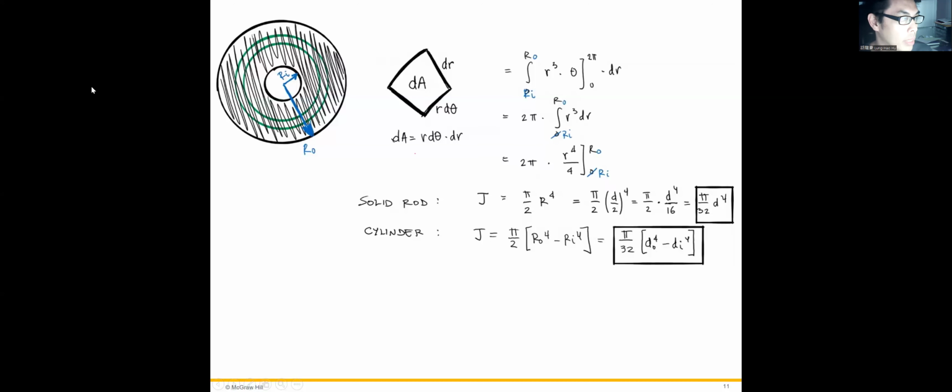If it is a tube, we can just modify the radius with the inner and outer radius, because we are not integrating from the center, but from the inner radius. So for this tube or cylinder, we get the second polar moment of area.